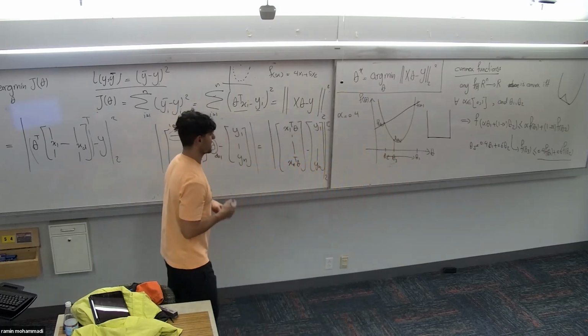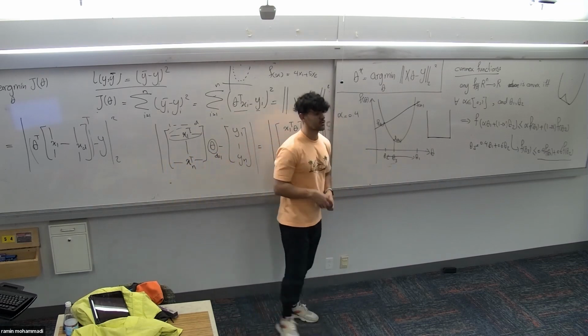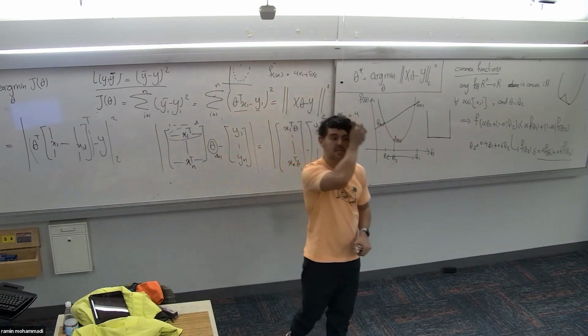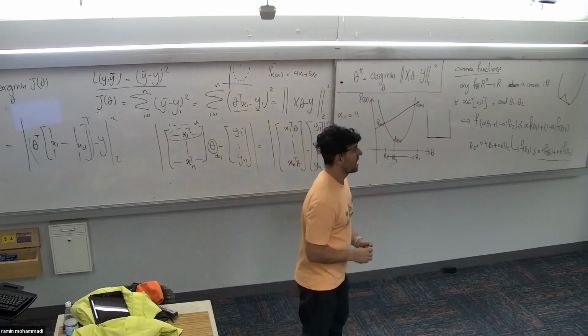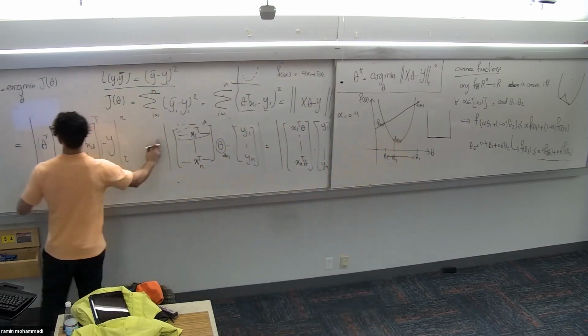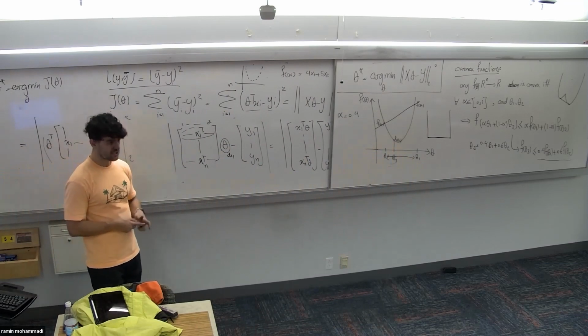So the analytical solution is to take the second order derivative, the Hessian, the gradient of the function. You take 2 derivatives, and if it's positive semi-definite, it's convex.